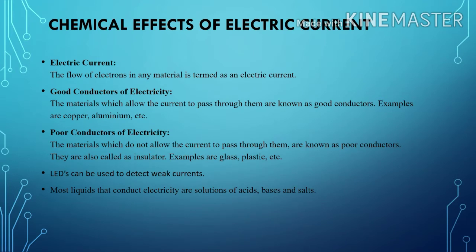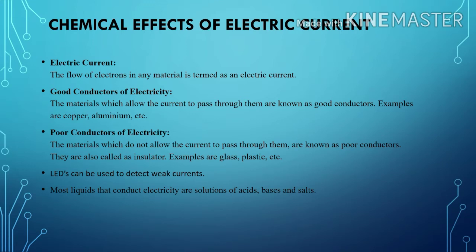So in the previous class, in the previous video, we have discussed electric current. The flow of electrons in any material is termed as electric current. We also know that there are two types of conductors for electricity, good conductors as well as bad conductors.